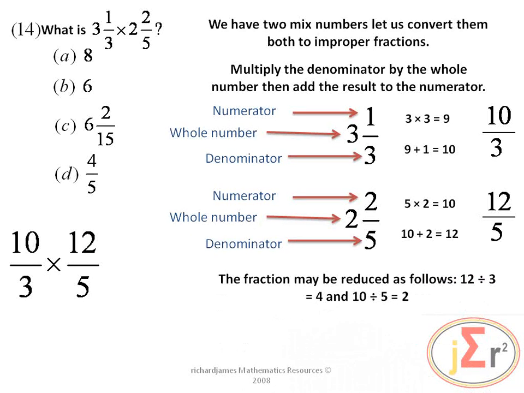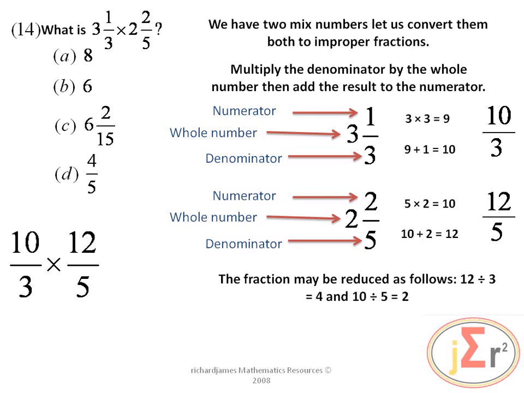The fraction may be reduced as follows. Of course, we are going to identify. Jerry, you cannot identify the common factors with your hands over your eyes. So we need to take a look at this problem also. You cannot risk getting any problem wrong because you do not like it. You have to solve every single problem and get 100% on your GSAT exam.